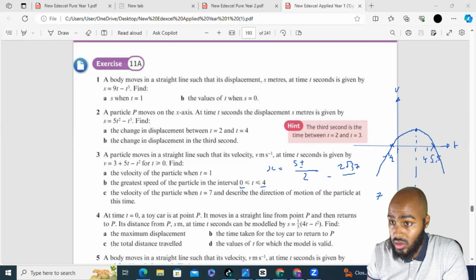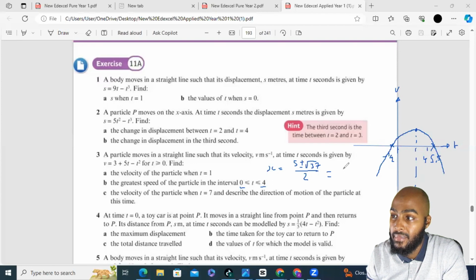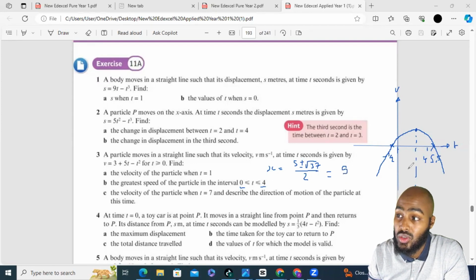This gives us 5. We'll fix that. 5, right? And then I'm going to divide that by 2 to give me 2.5. Okay, 2.5 is the middle.